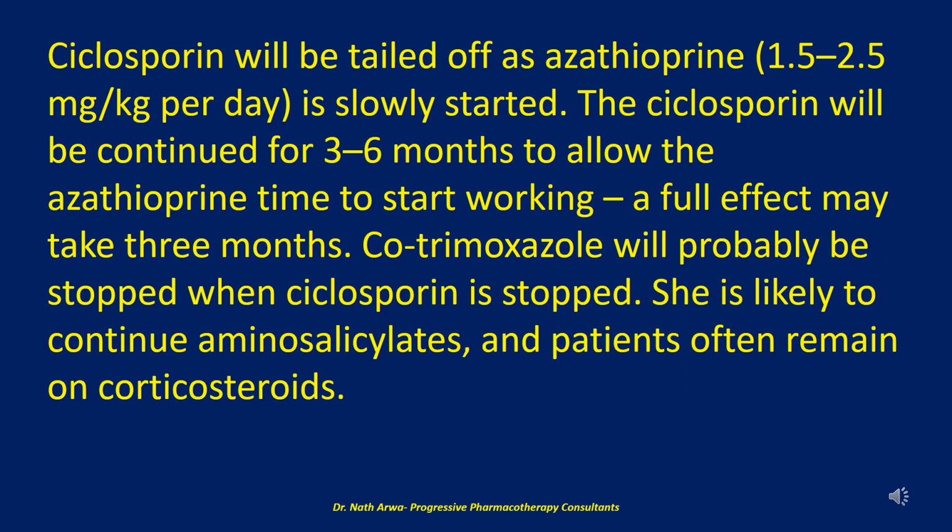The cyclosporin will be continued for 3 to 6 months to allow the azathioprine time to start working. A full effect may take 3 months. Cotrimoxazole will probably be stopped when cyclosporin is stopped. She is likely to continue aminosalicylates, and patients often remain on corticosteroids.